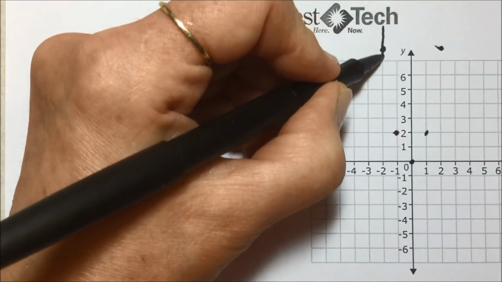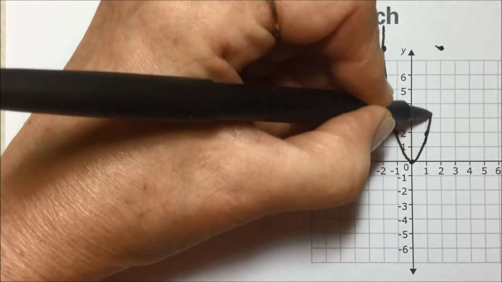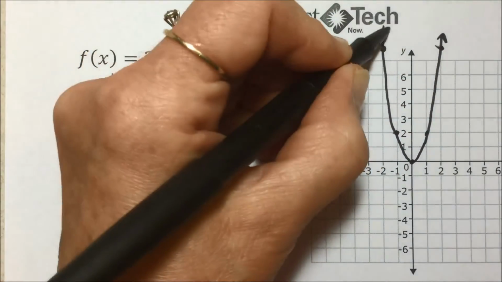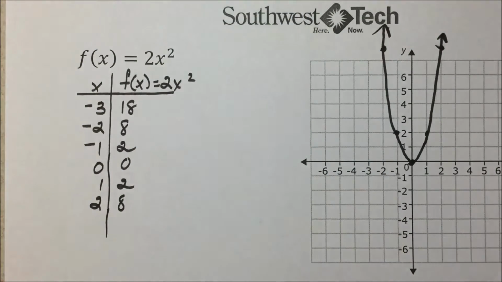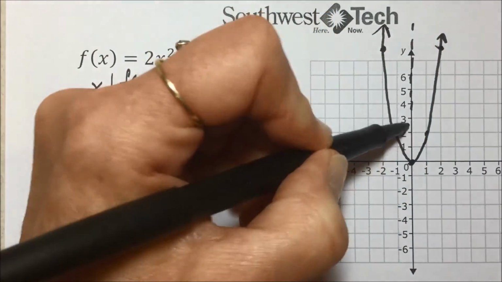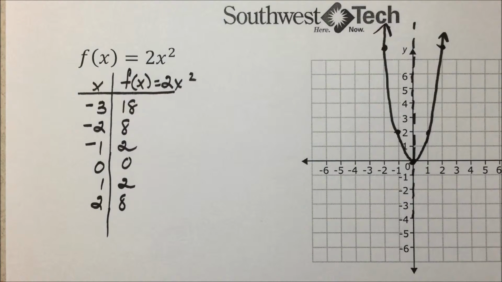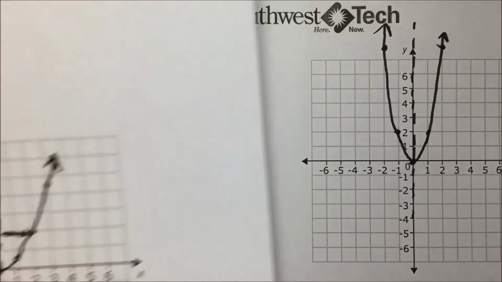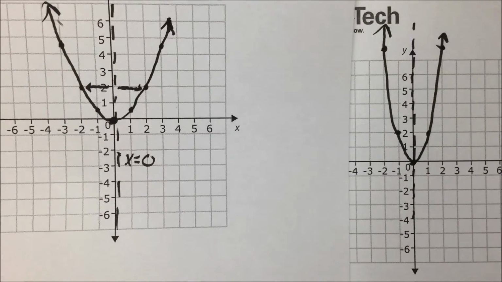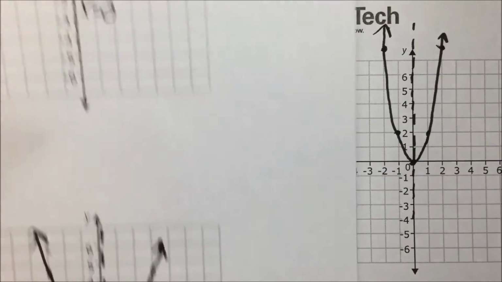Connecting these, we still have a parabola that is opening upward. Our vertex is still at the origin for this family form of this equation. Our axis of symmetry is still x is equal to 0, but in comparison, it is a narrowing compared to the 1/2 x squared that we had.